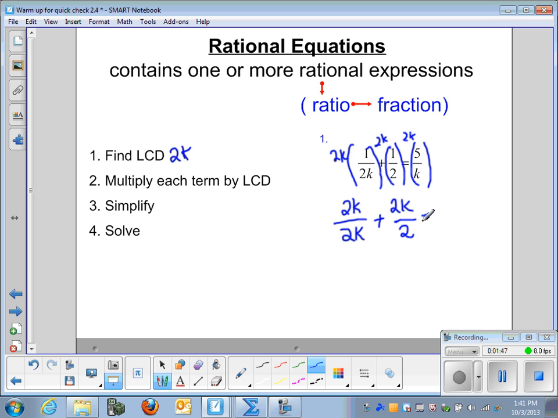This time it's going to be over 2. 2k times 5 is 10k. So I've multiplied each term by the least common denominator of 2k.